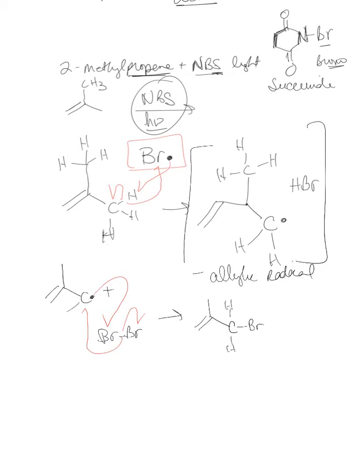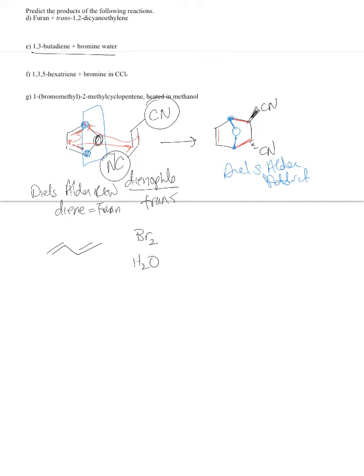E, 1,3-butadiene and bromine, water. So 1, 2, 3, 4. And let me just draw this like when you're drawing your mechanisms, it's best to draw everything out. All your lone pairs, all the hydrogens. Now, let's just do one equivalent here.